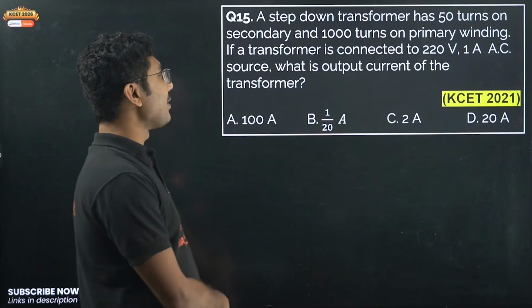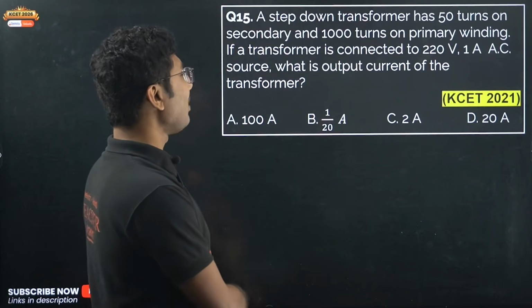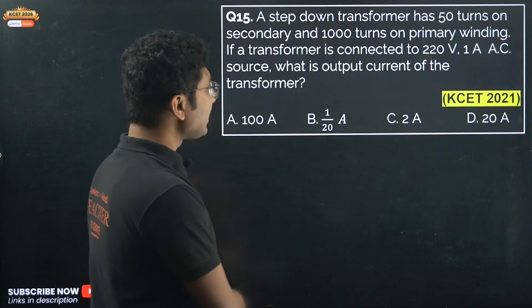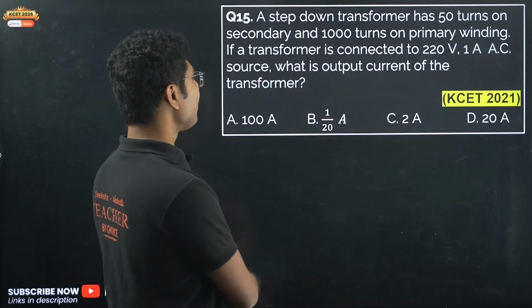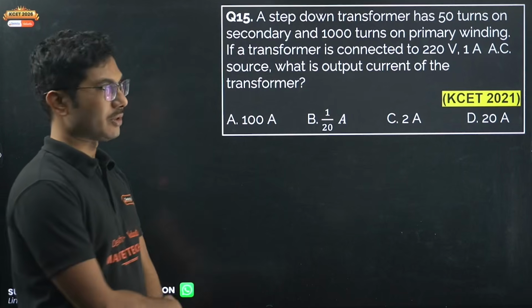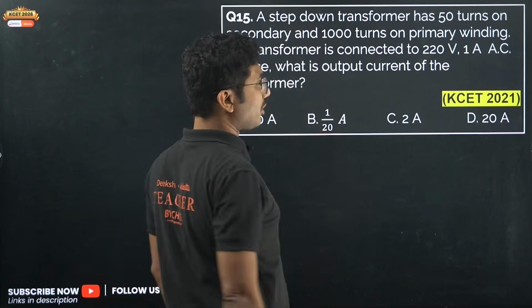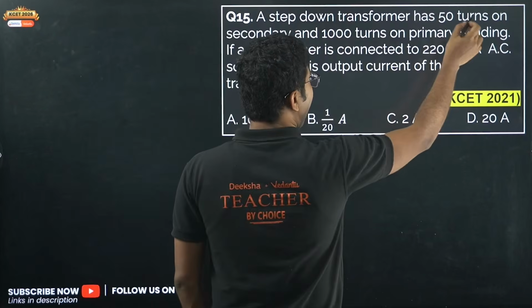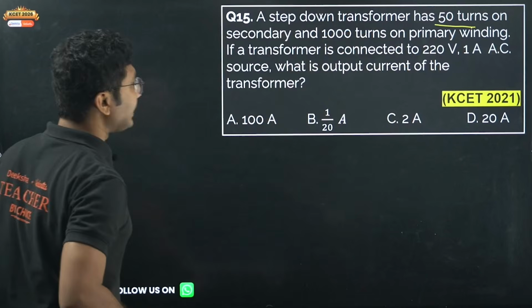Next question. A step down transformer has 50 turns on the secondary and 1000 turns on the primary winding. If the transformer is connected to a 220 volt, 1 ampere AC source, what is the output current of the transformer? Okay, so now it is given that it is a step down transformer, that means voltage is decreasing. 50 turns on the secondary and 1000 turns on the primary.